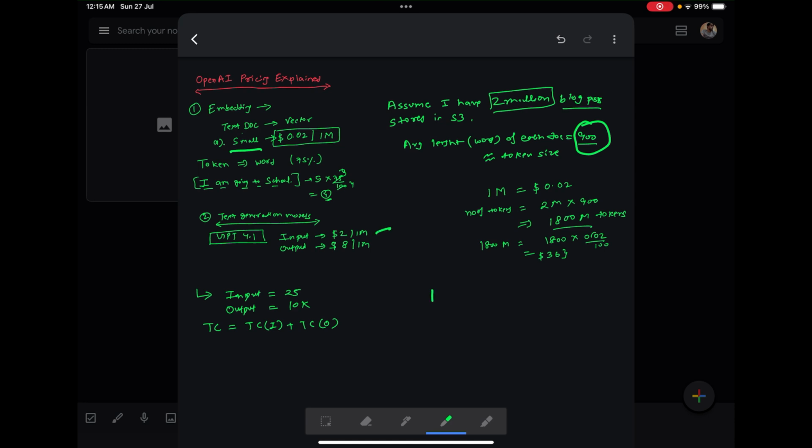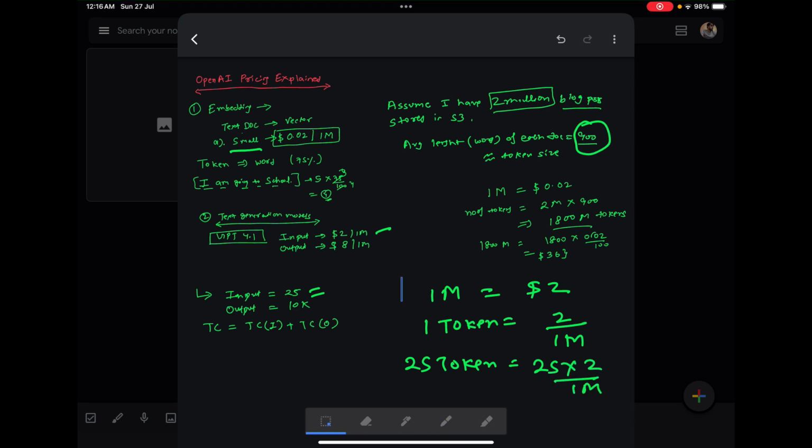If 1 million tokens is equal to $2, then what will be the cost of one token? One token would be 2 divided by 1 million, right? And I am consuming 25, so 25 tokens would be 25 multiplied by 2 by 1 million.